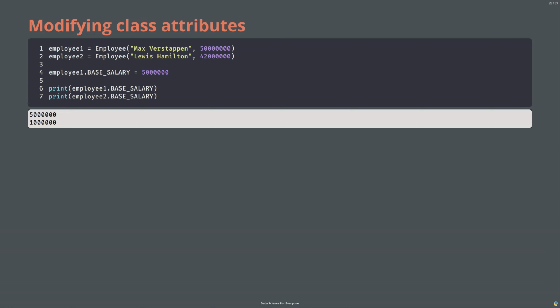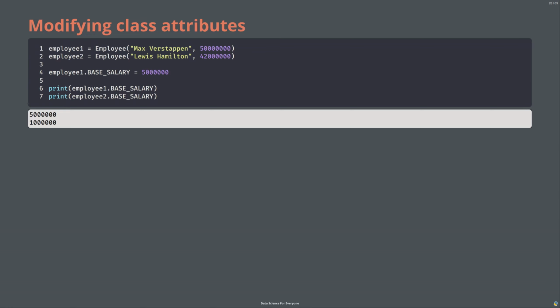That's because modifying a class attribute through an instance doesn't affect the original class level value. Instead, it creates a new instance attribute for the specific object. This behavior is intentional. It prevents changes in one object from unexpectedly affecting all others, which is important for maintaining data integrity.